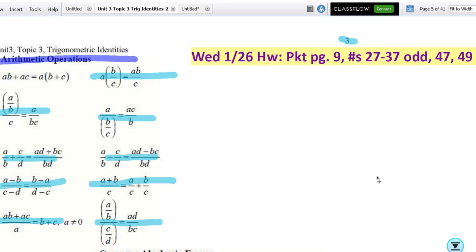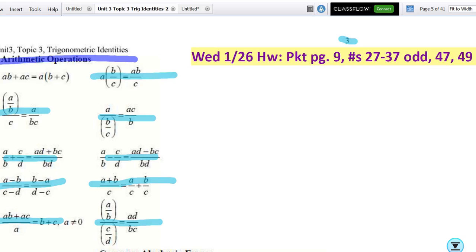Maybe you just need a quick review. If you look at the top of page 3, you will see a very quick review of fraction operations to help you with our trig identities and our simplifying.